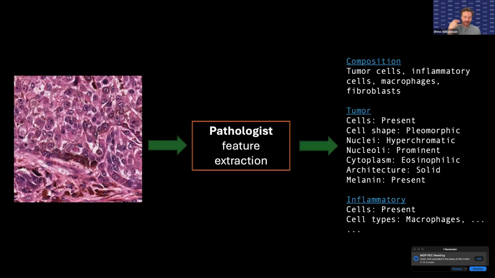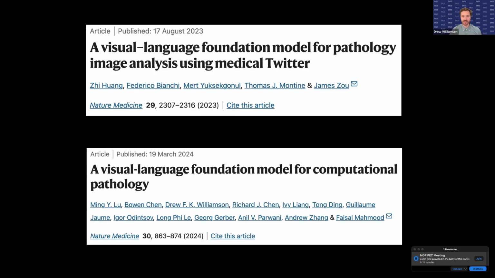What I dream of as a pathologist is some kind of feature extraction that uses these terms that the literal blood, sweat, and tears of pathologists have gone into extracting by ourselves. And I think in the past 6 months or year, there's been some work going along these lines.